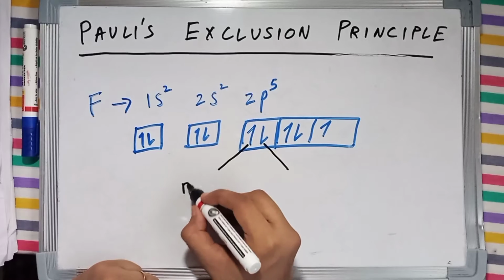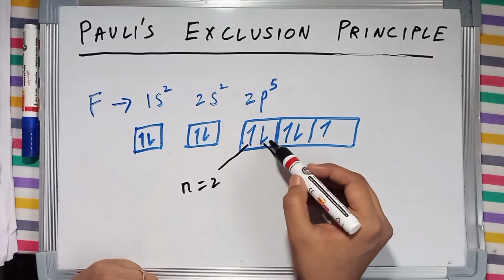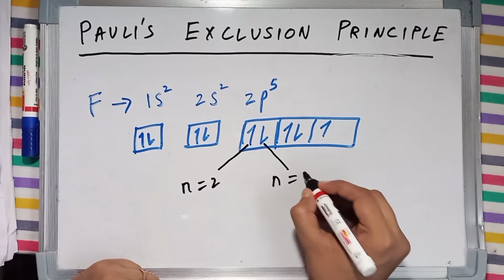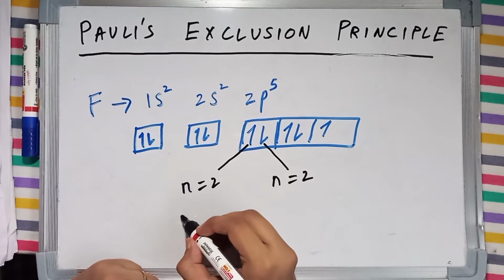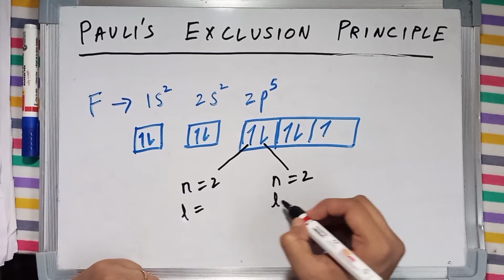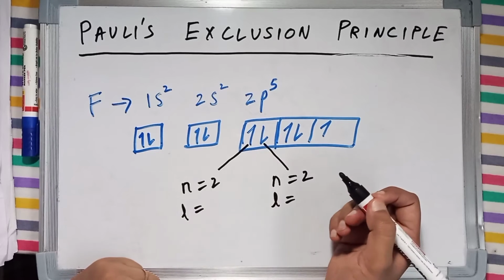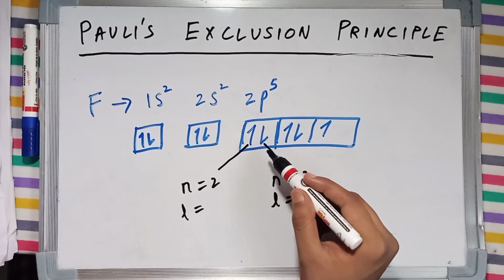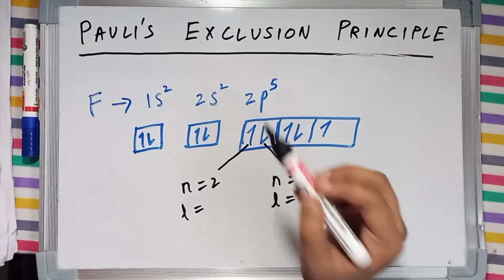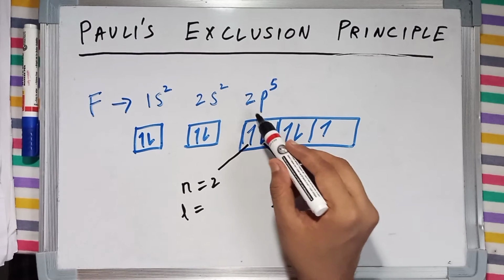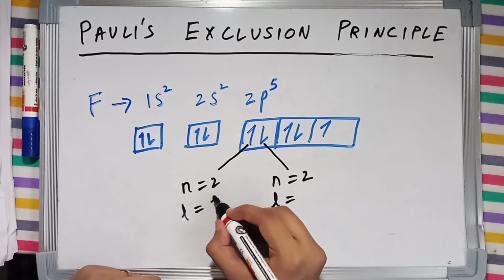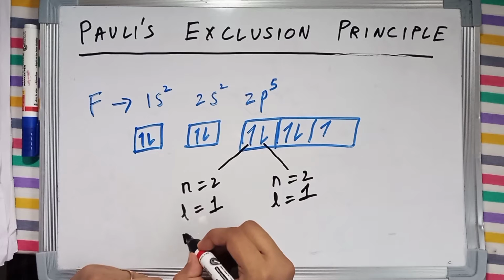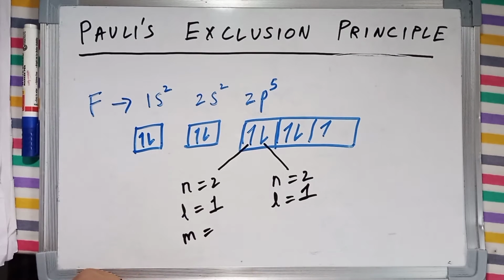The value of n here is 2 because these electrons reside in the second shell. Okay, so n is equal to 2. Right, now what is the value of subshell or the azimuthal quantum number? It is 1 because the value of l for a p subshell is 1. Okay, 1. And what is the value of the orbital?